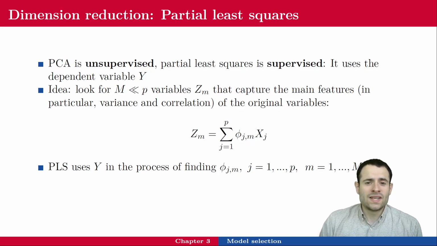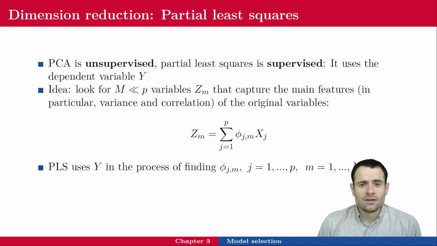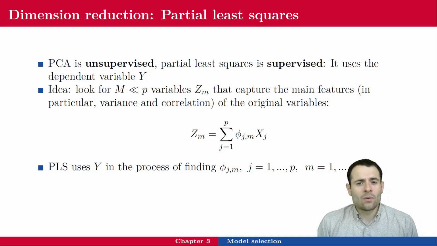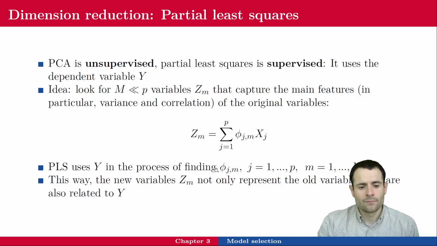If I want to use z's to replace x, I should expect my z's to also have some causation power, to have some correlation with y, right? So y is included in the process to find those weights phi.